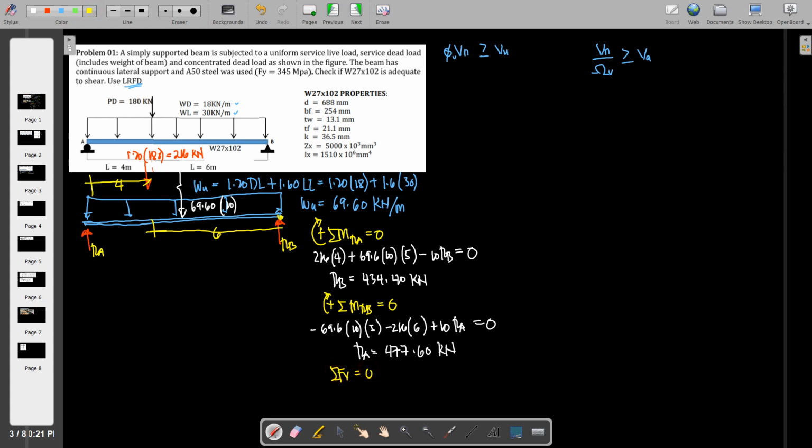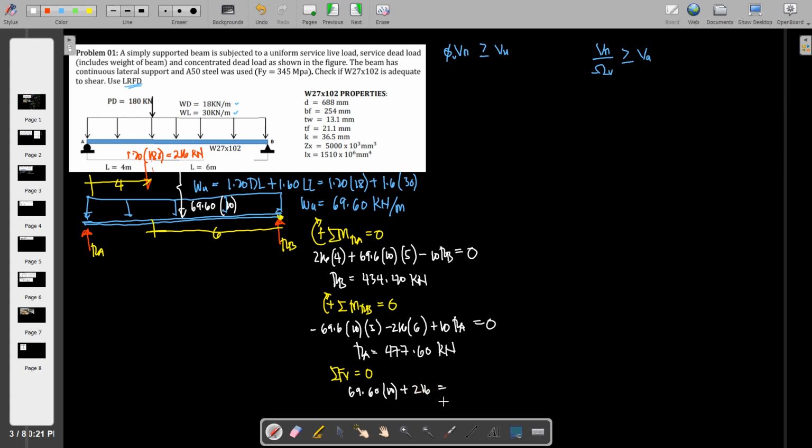We check that by summation of vertical forces equal to 0. All the downward forces: we have 69.6 times 10 plus another downward 216.